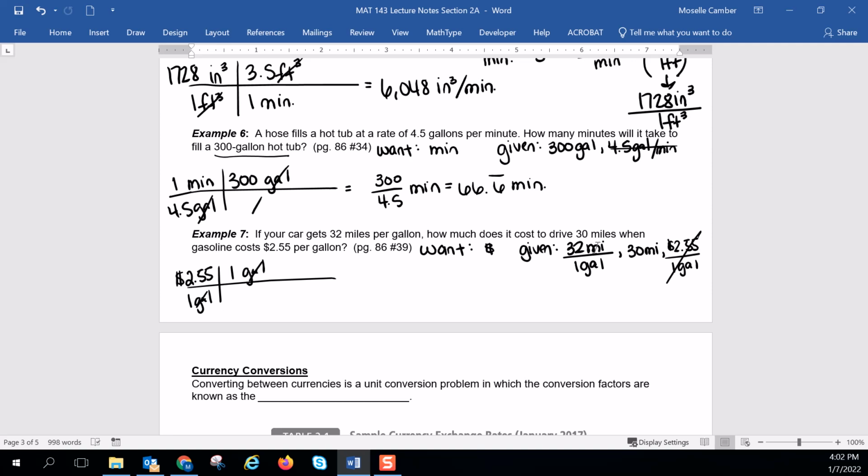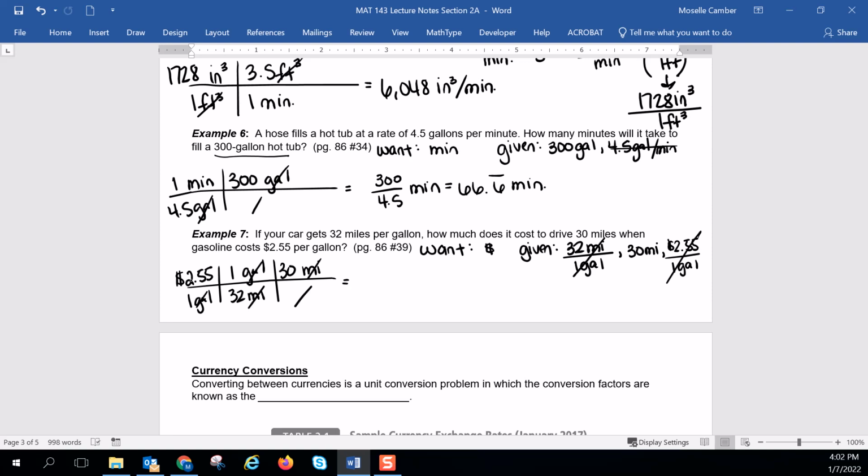And this 1 gallon goes with 32 miles. Okay, well now I have dollars in the numerator and miles in the denominator. I don't want anything in the denominator, so I need to get rid of miles. So I'll put miles in the numerator. And the other thing I know about miles is that I've driven 30 miles. It's not a rate or anything, so it just cancels out the miles. Everything's canceled out except for what I want.